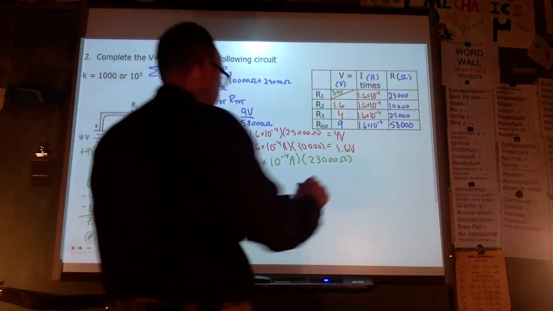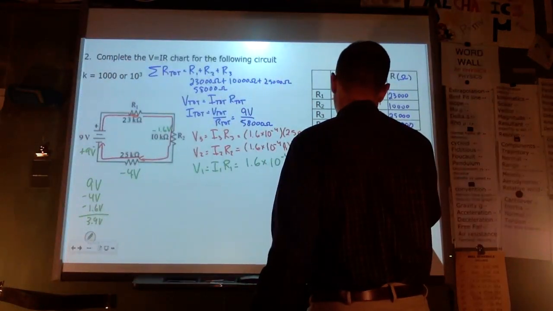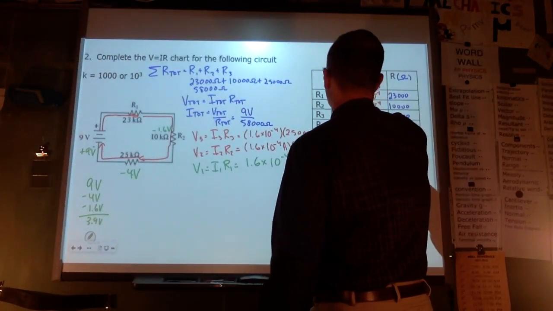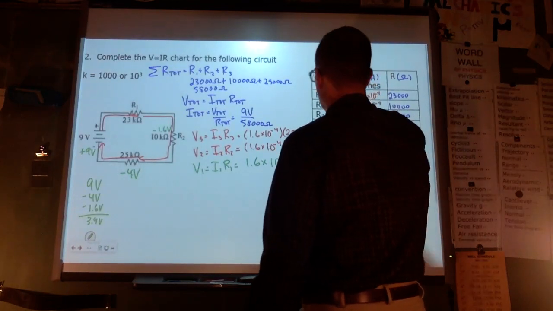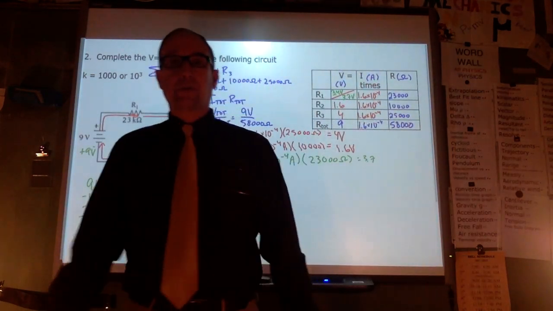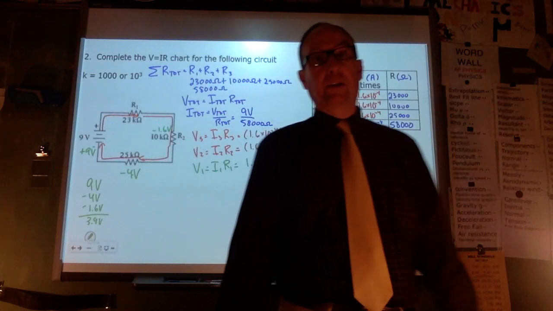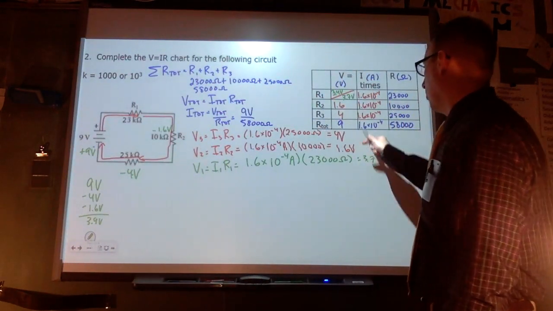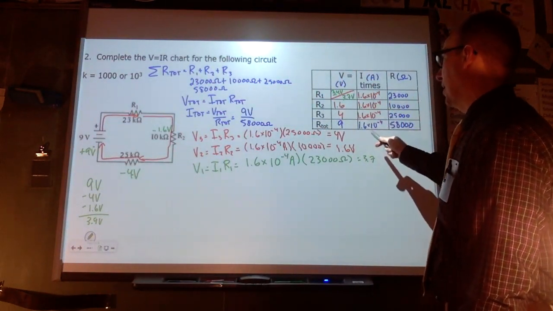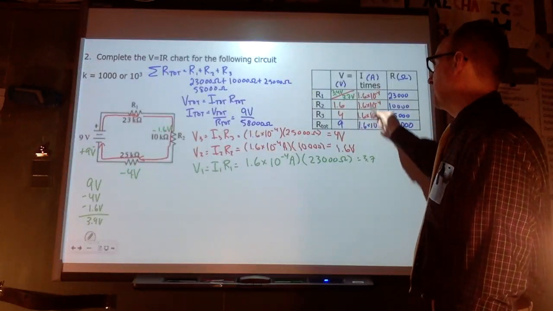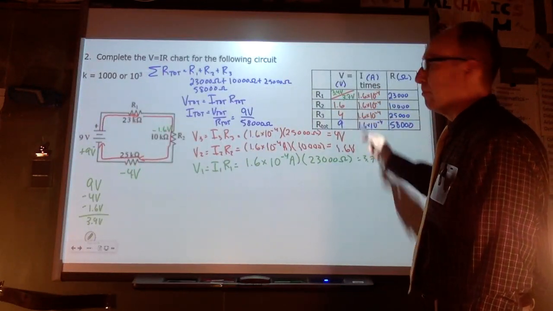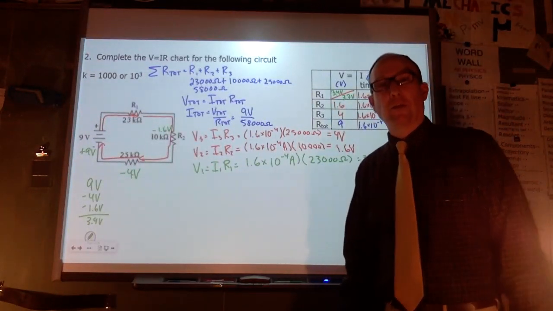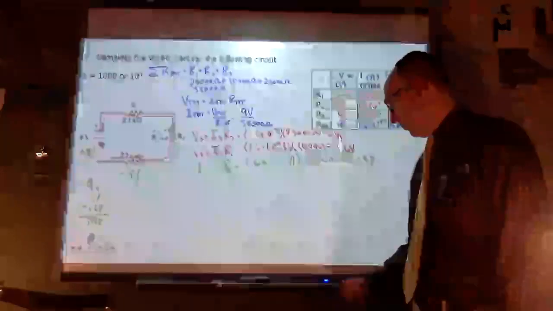And I got 3.68, so about 3.7. So they're close. When I did my rounding initially, it was 1.5 something, and I rounded up. So that would make sense that when I do these, I'm going to end up with more than 9 volts because it's a little bit more current than I thought there was.